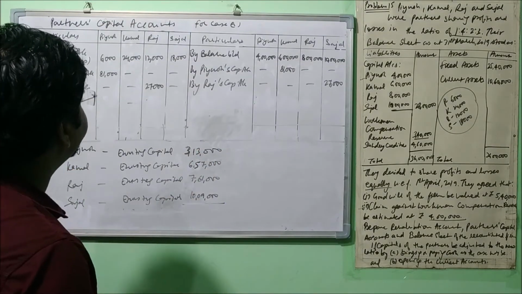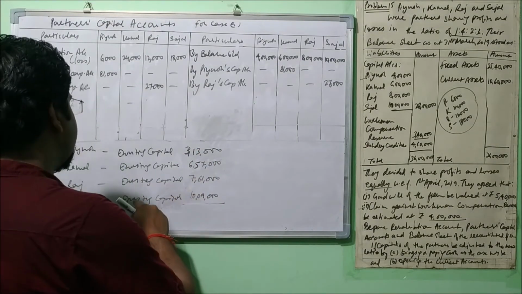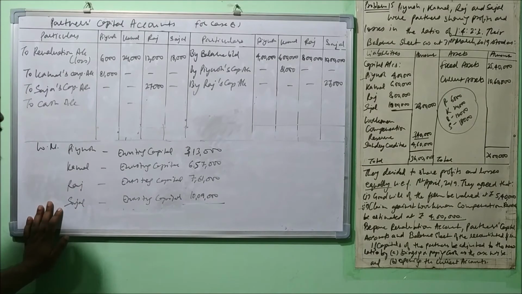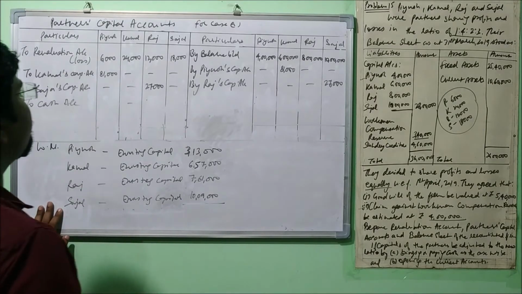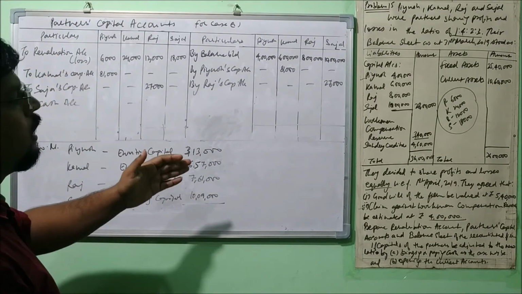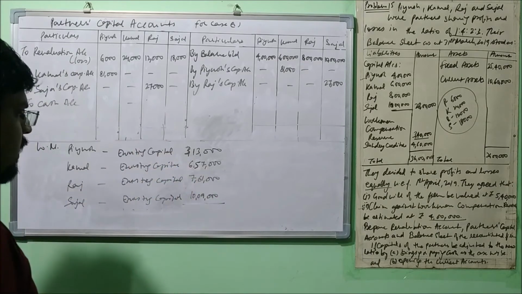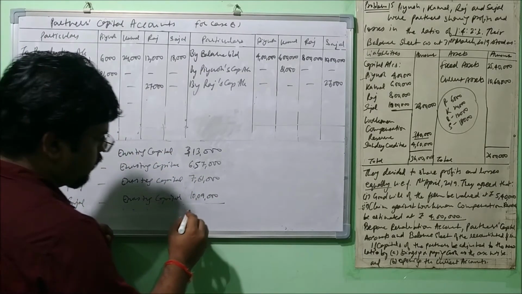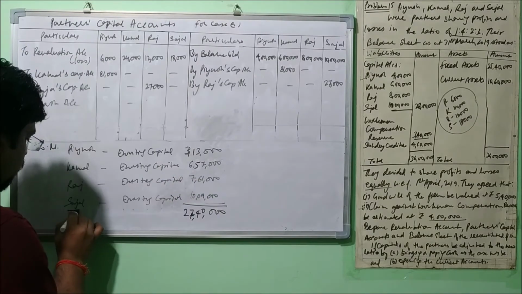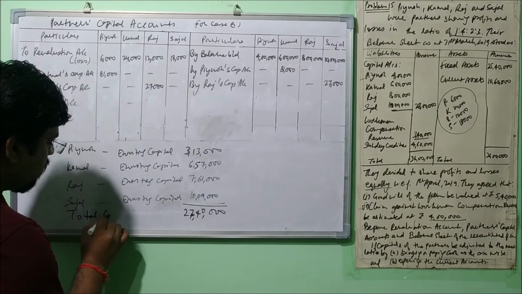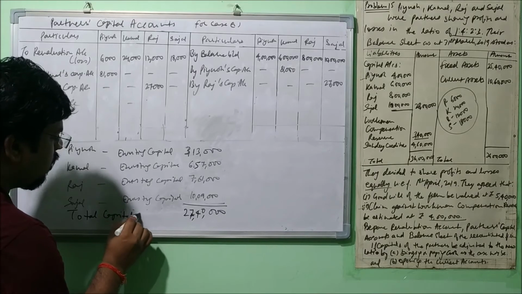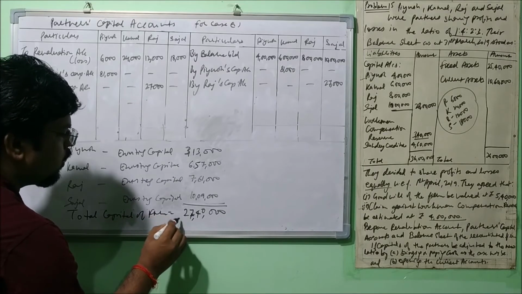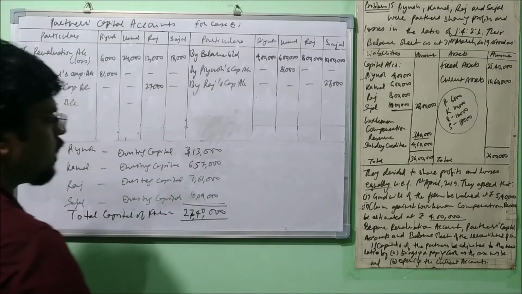So similarly, I have noted down the existing capital of Kamal, Raj and Sajal. It's very simple to do it. We need to just balance it like we used to do. Now, we have to make the total of this. So this is the total capital of the firm, 27,40,000.